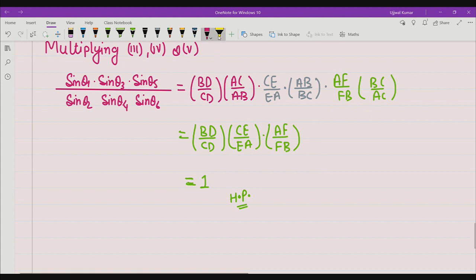So now we are back to the result of Ceva's theorem, BD ratio CD into CE ratio EA into AF ratio FB, which we have just proved equals 1. So the product is 1. That concludes our question.